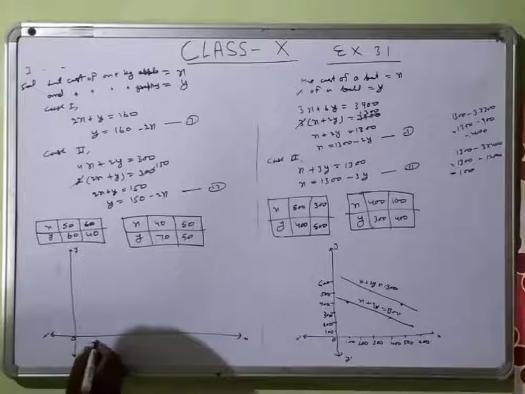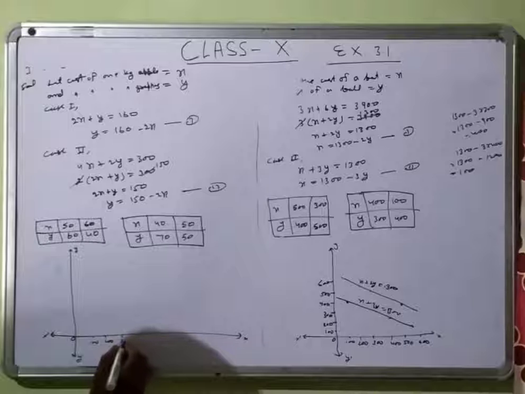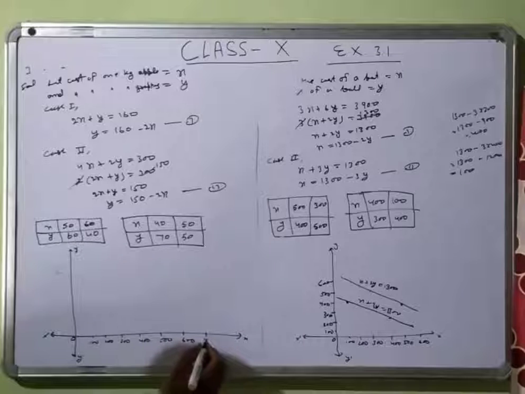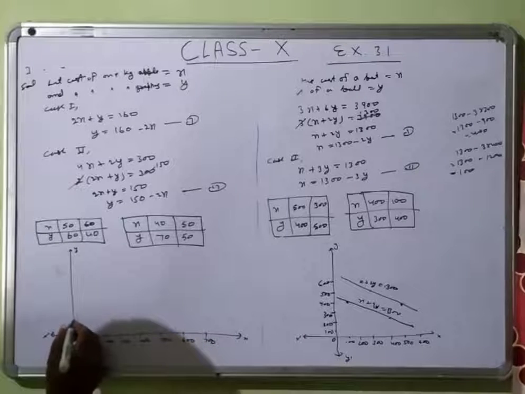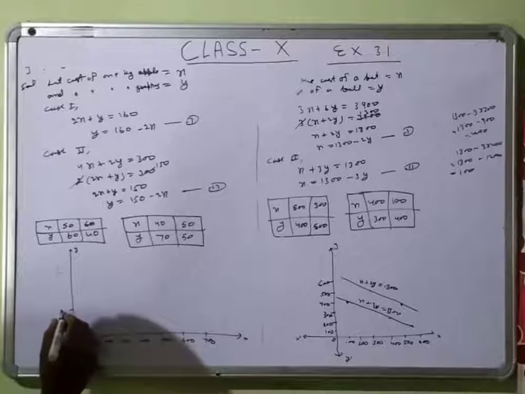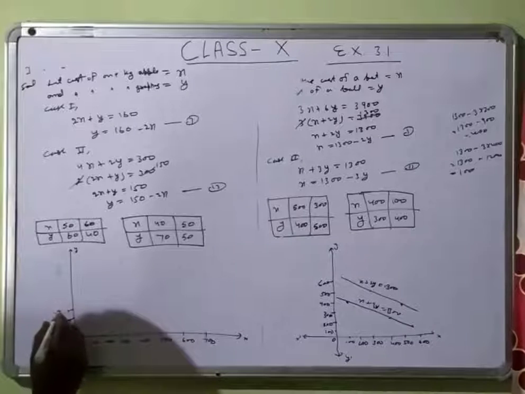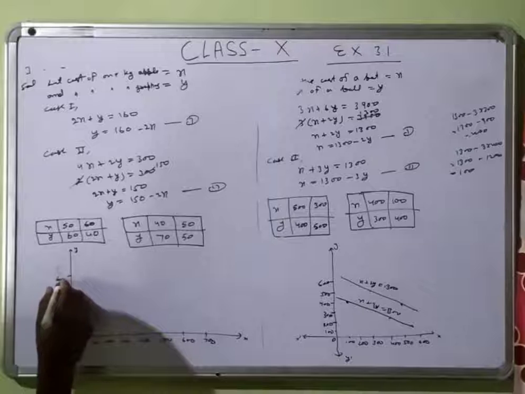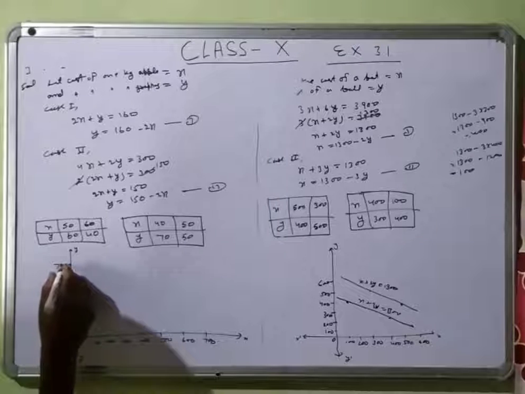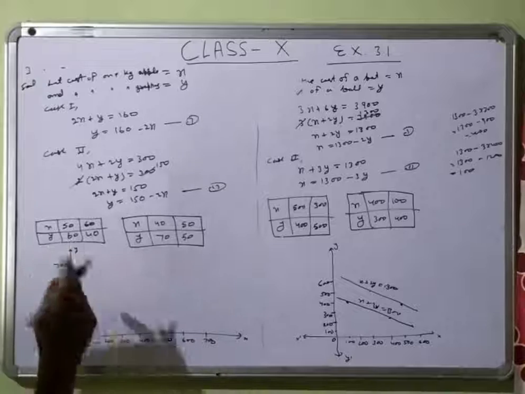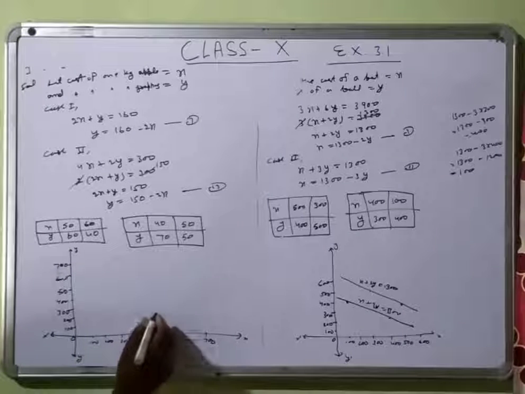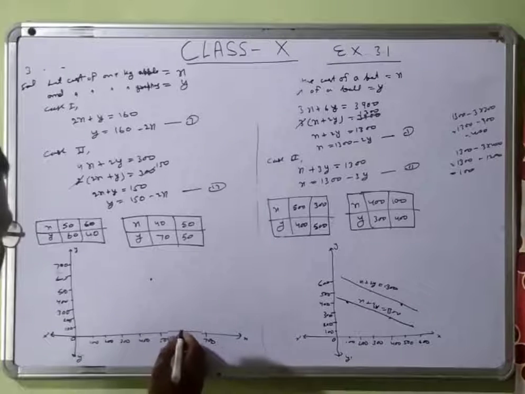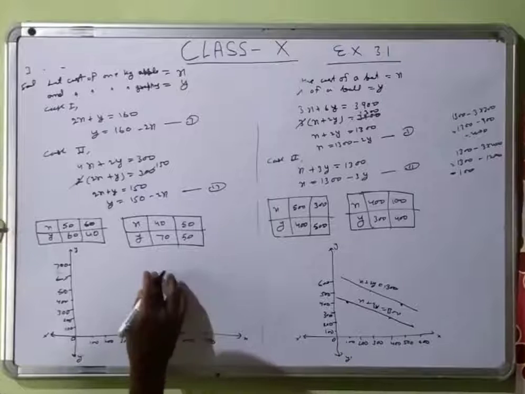So 100, 200, 300, 400, 500, 600, 700, and 100, 200, 300, 400, 500, 600, 700. Now x is 50, y is 60, so 50 and 60. Now 60, 40. 60 and then 40.